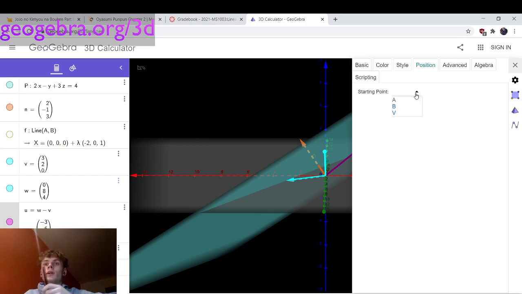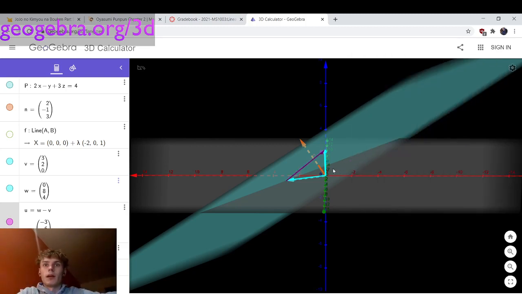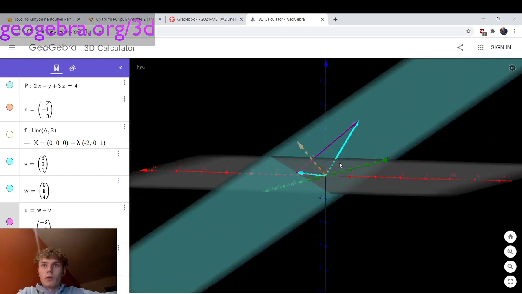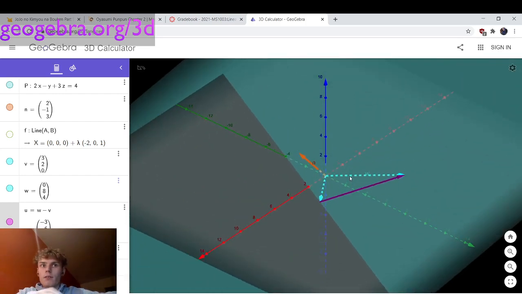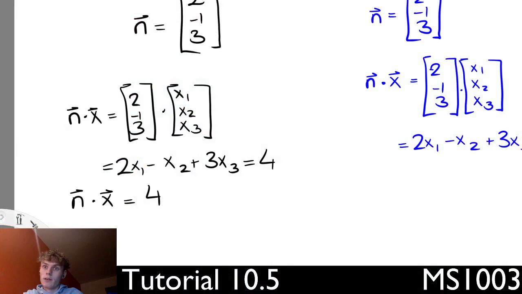I'm going to move the starting point to the point v, just because v is a point on the plane. And you can see now the vector u very much hits on the plane. I want you to take note here of vector u: -3, 6, 4.